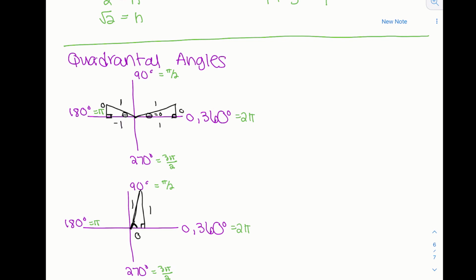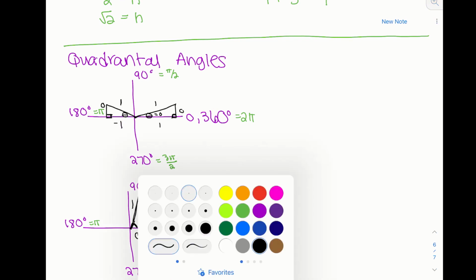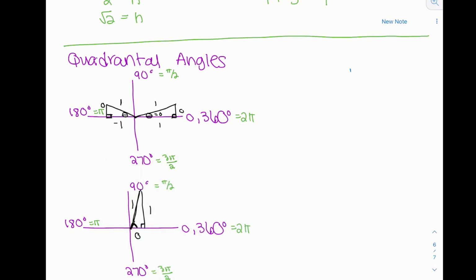So drawing triangles this way is one way to do quadrantal angles, but I actually think that it's still a little bit easier to think about it from a unit circle perspective, specifically when you're dealing with angles like 0 degrees, 90 degrees, 180 degrees.